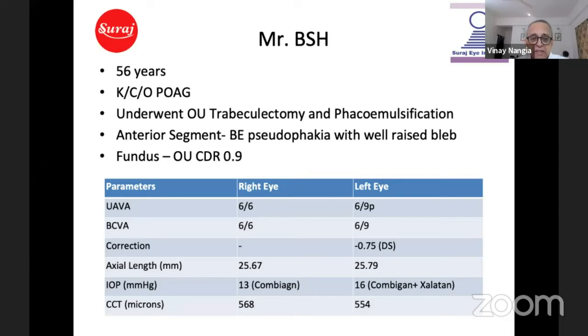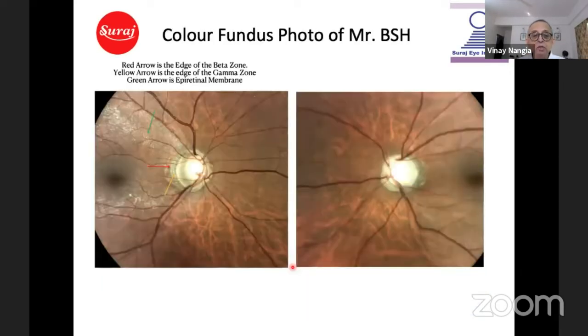So this is just an example of glaucoma and myopia. This is a 56-year-old gentleman who had significant glaucoma, and the axial length was about 25.6 in the right eye and 25.7 in the left eye. I'm just taking you through this patient to show you some classical features.